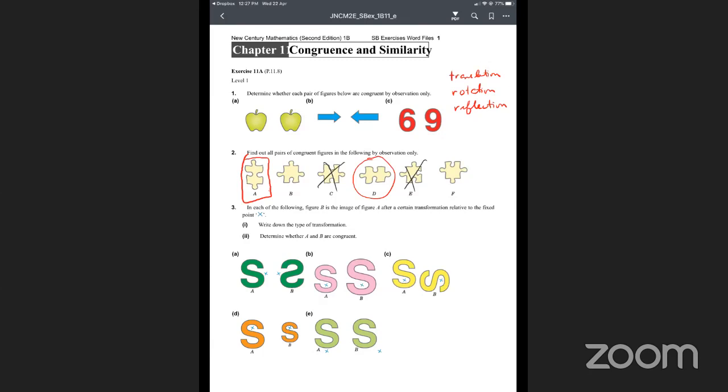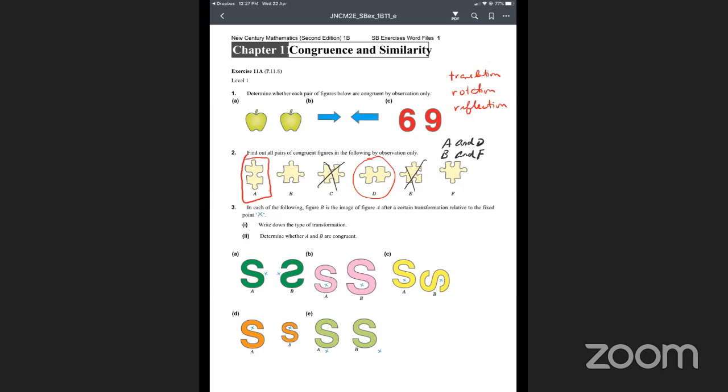And therefore, how about B and F? Do you think they are congruent also? Yes. Therefore, in this case, you have to state very clearly A and D are in one pair, and then B and F, so that people know which one goes with which one.